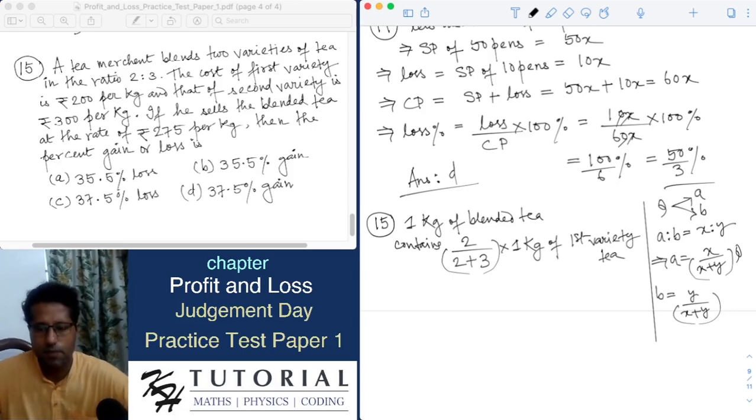So in 1 kg of the blended tea, what will be the amount of the first variety of tea? It will be 2 by 2 plus 3 into 1 kg, which is 2 by 5 kg.